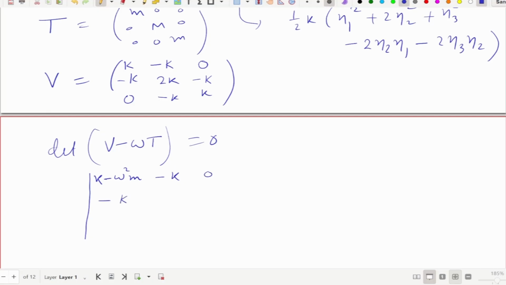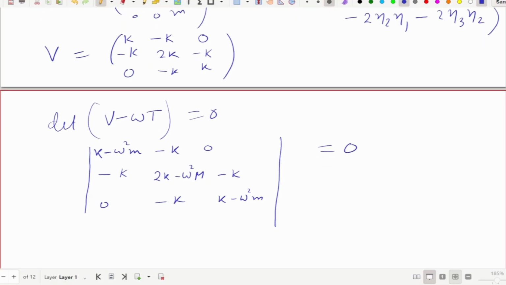Only the diagonal terms change: the second is 2k minus omega square capital M, and then in the third row, 0, minus k, and k minus omega square m. This determinant equals 0. So, we need to expand this determinant and solve for the frequencies. Let us do that.